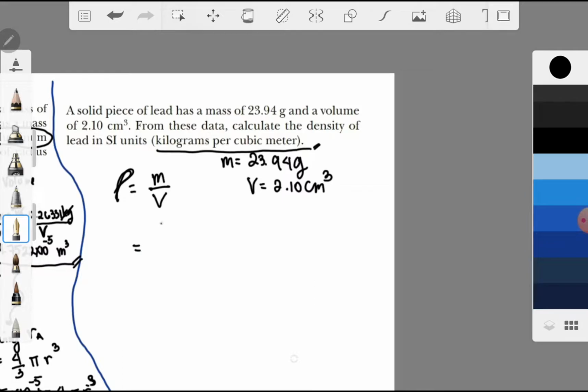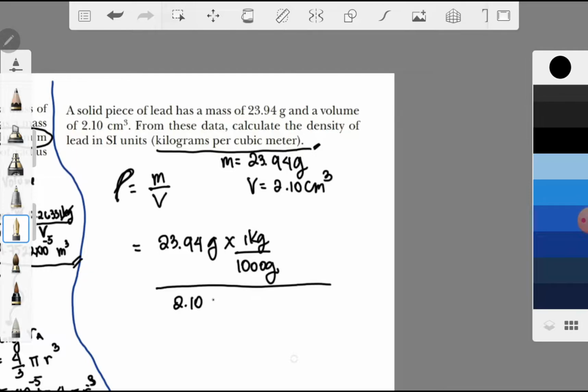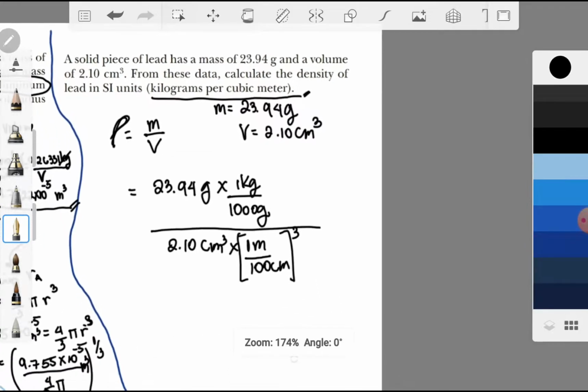We have 23.94 gram multiplied by 1 kilogram is equal to 1000 grams, divided by our volume, 2.10 centimeter cube multiplied by 1 meter divided by 100 centimeter. Never forget about the cubic value, right?